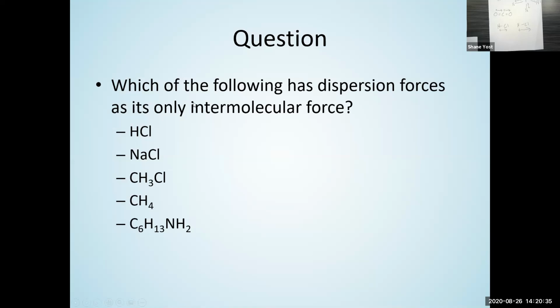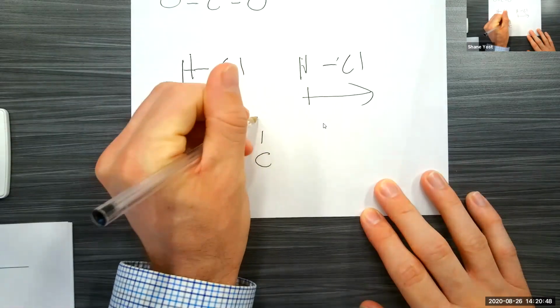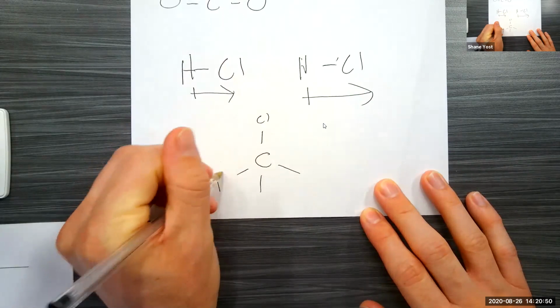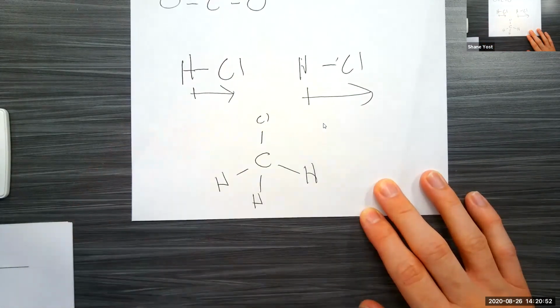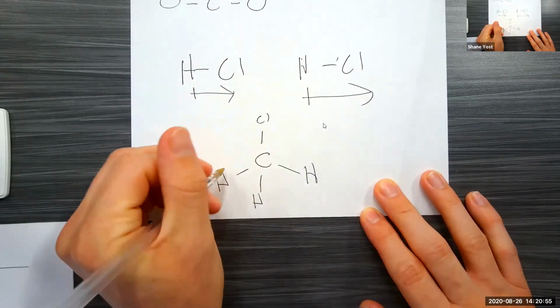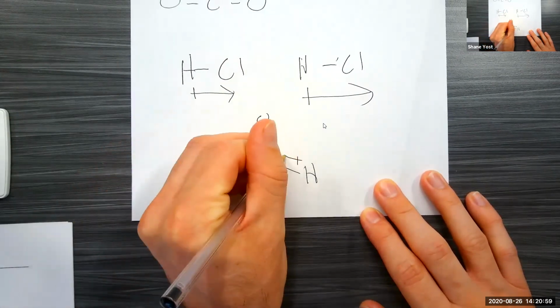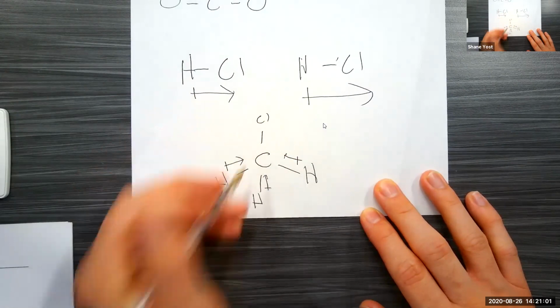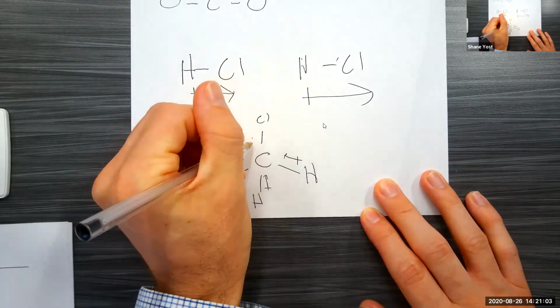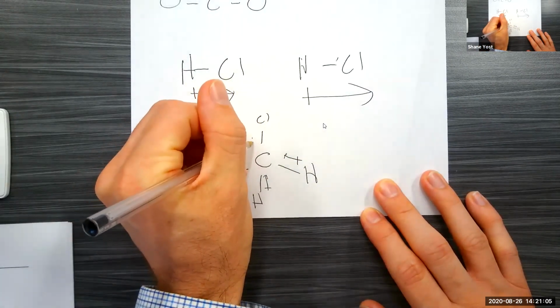So CH3Cl. The question was, what is the strongest intermolecular force for CH3Cl? That is dipole-dipole. Again, if we draw that molecule, we can draw it like this. And there are these polar bonds, where the arrow points to where the electrons are being drawn, because these are the more electronegative atoms.